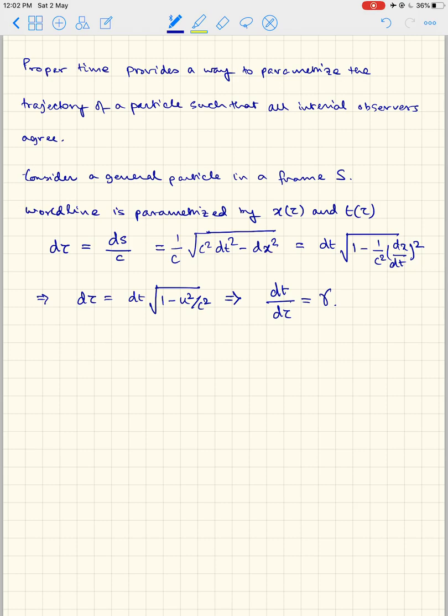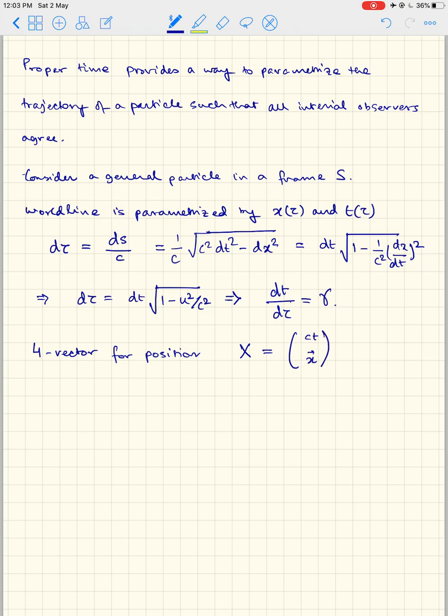So why did we go into all of this? Now you remember that the four vector for position x was given by ct and x.